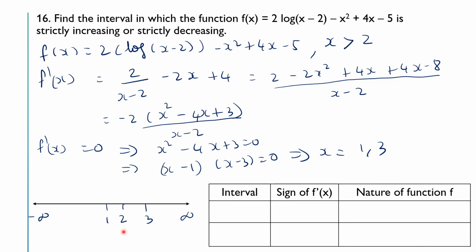Now if we consider this interval 2 to 3, if we substitute a point, say suppose 2.5, in f dash of x, which is minus 2 into x squared minus 4x plus 3 divided by x minus 2, we get the sign of f dash of x as positive.